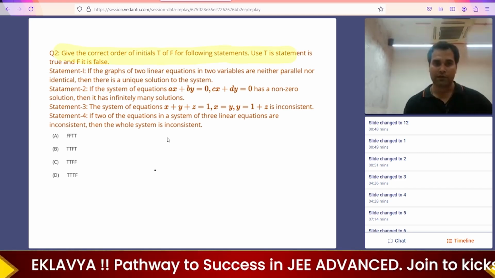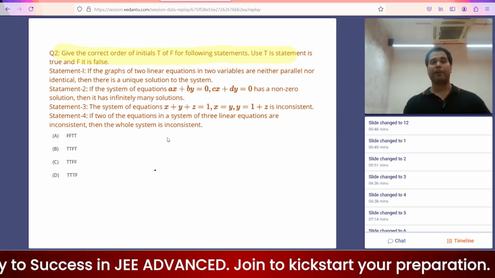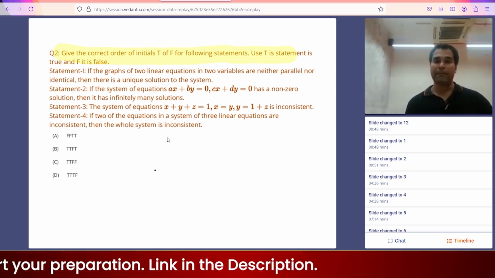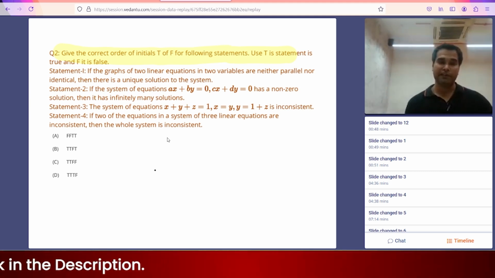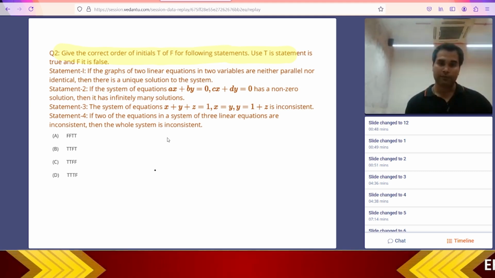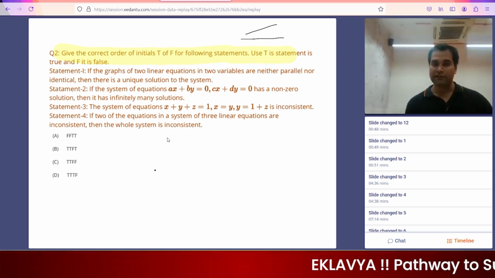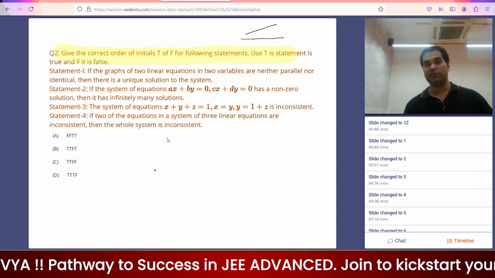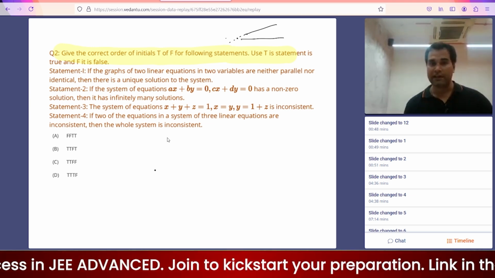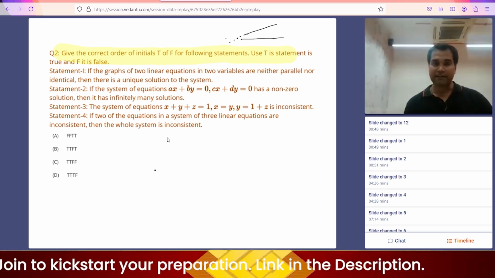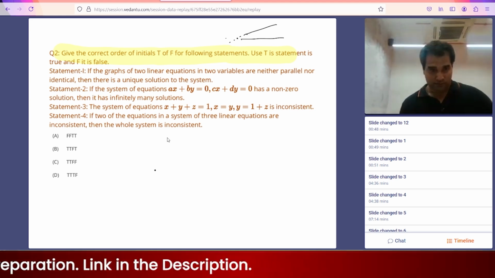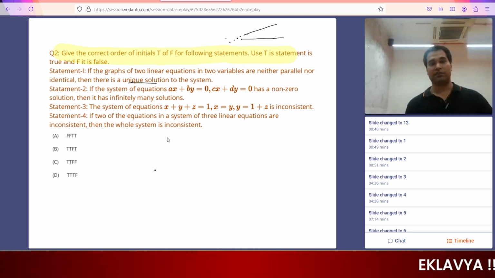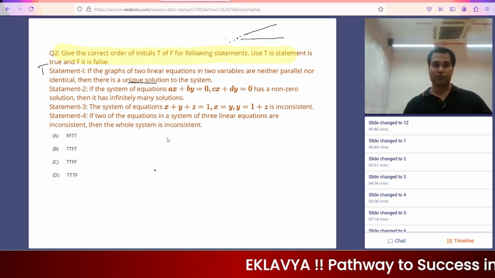Question number 1, statement 1: if the graphs of two linear variables are neither parallel nor identical, this means any two graphs, suppose this is line 1 and this is line 2, neither parallel nor identical, this means the lines are intersecting, and intersecting gives a unique solution. This means this statement is true.